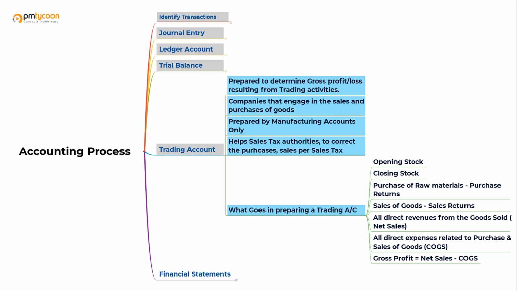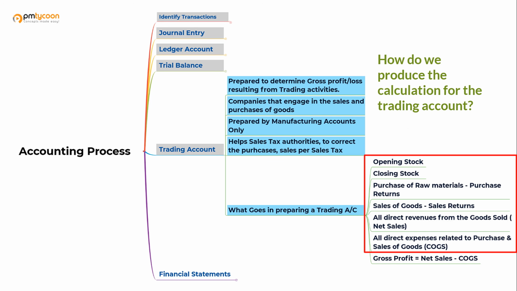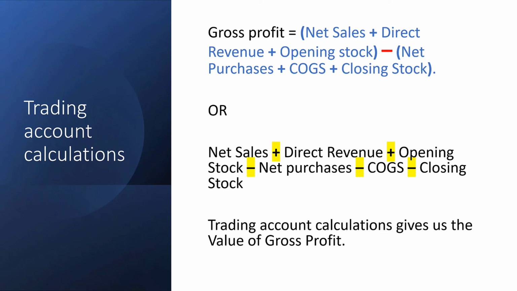Okay. So once we take all these into consideration, how do we do the calculation? So what is the formula? Well, the formula is simple. You need to sum up the net sales, the direct revenue and the opening stock, and then you need to remove the net purchases, cost of goods sold, and the closing stock, and that will give you the gross profit.